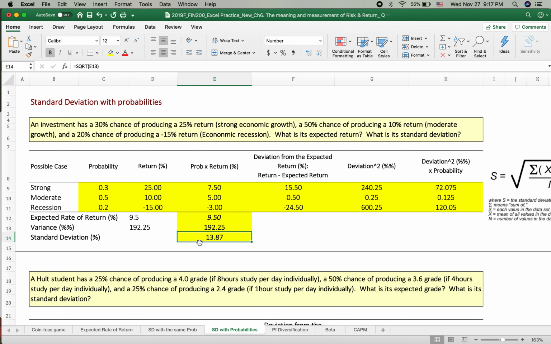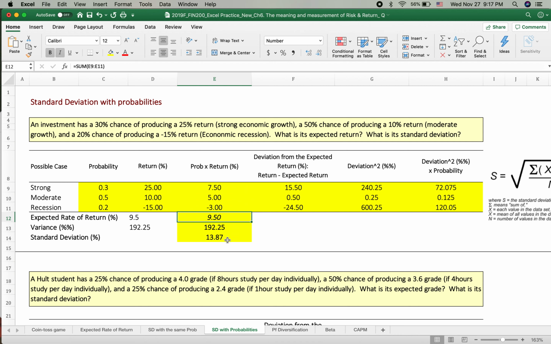So if this investment has a higher standard deviation, that means this expected rate of return of 9.5% has higher uncertainty to be achieved. But it's really hard to reduce the standard deviation once we have the historical rate of return.